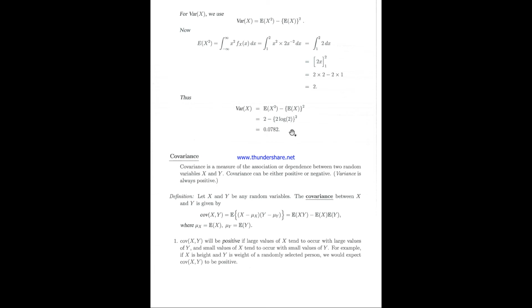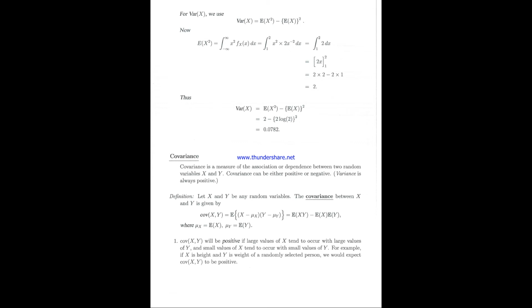Right? So at the same time, we can calculate the covariance as well. The variance always talks about the spread of your random variable. And when it comes to the covariance, it's always a measure of the association or the dependence of two random variables, x and y.